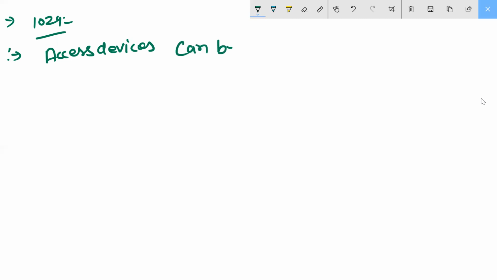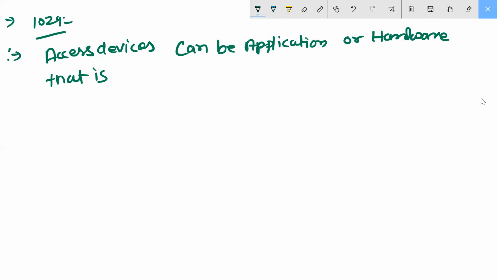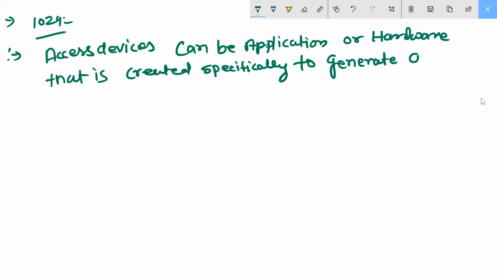Application is related to your software, or hardware, that is created specifically to generate any type of access credentials.